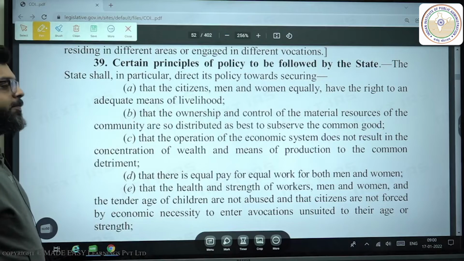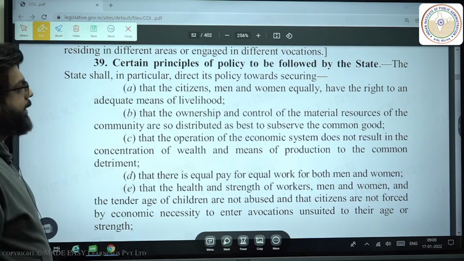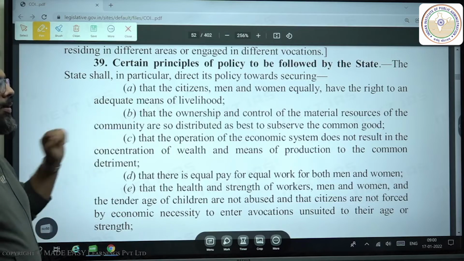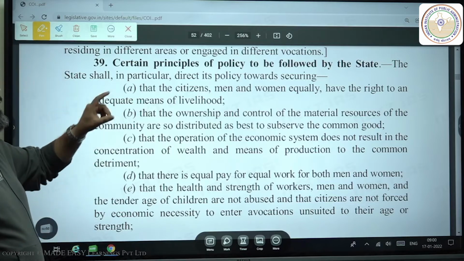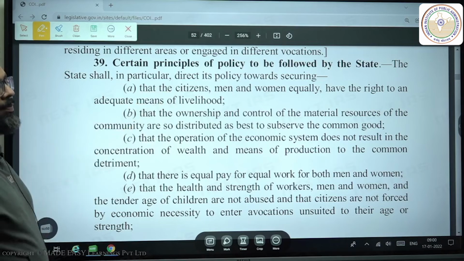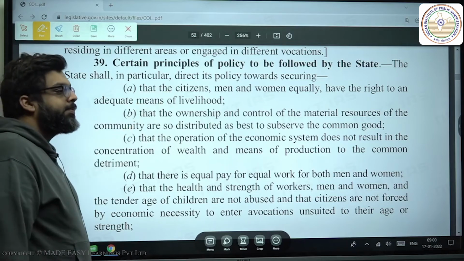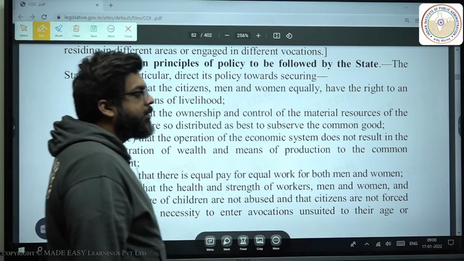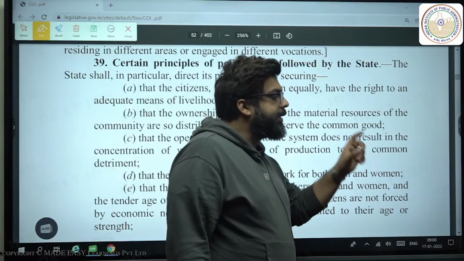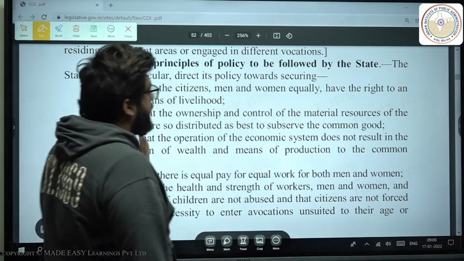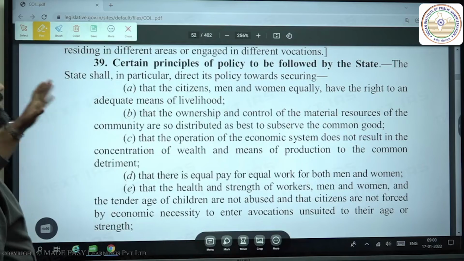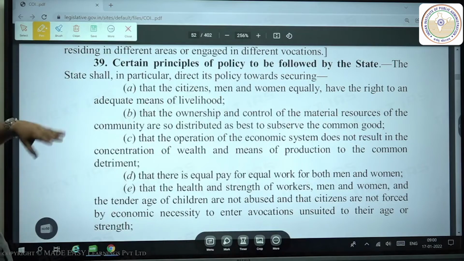Certain principles of policy that must be followed by the state. The state shall, in particular, direct its policy towards securing: all citizens, men and women, shall have a right to adequate means of living.